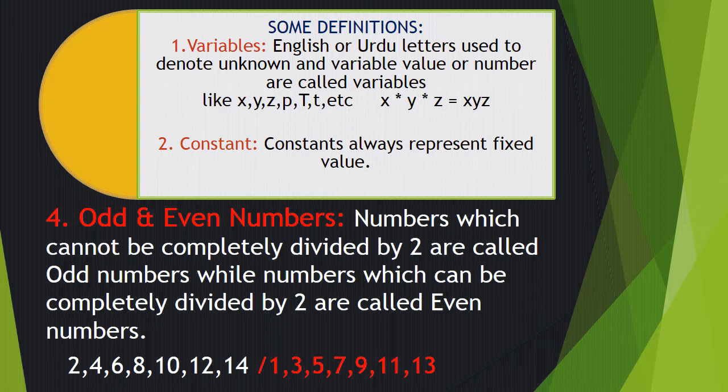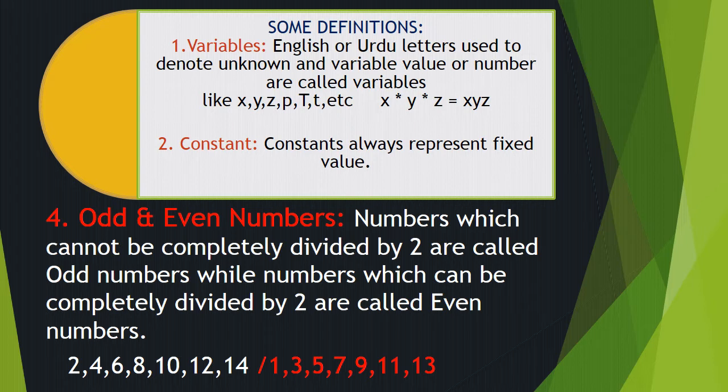Constant always represents a fixed value. Constant doesn't represent a variable value. It always takes a fixed value. It has a fixed weightage. For example, 9 is always 9. 8 is always 8. It doesn't take the value of 7 or 6 or 5.